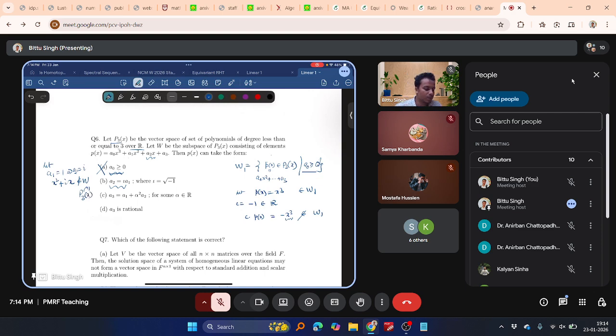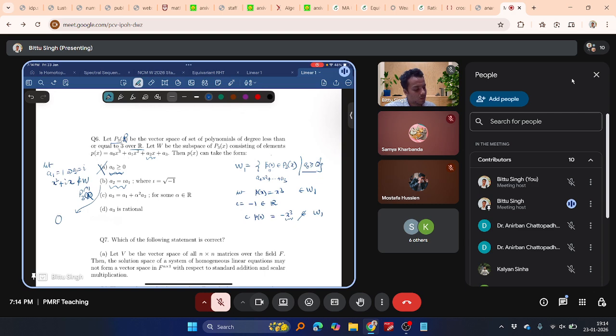W is a subspace of P3, sorry, this should be denoted by P3R. So there is no such element. No element will satisfy this relation A2 equals iota times A1. There is only one element which satisfies this relation, and that element is 0.